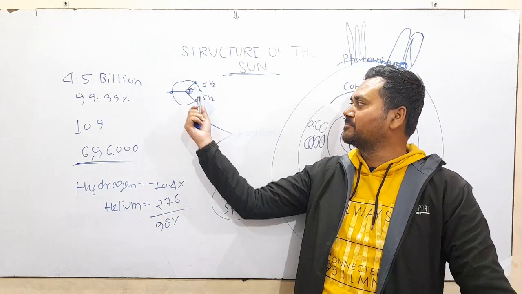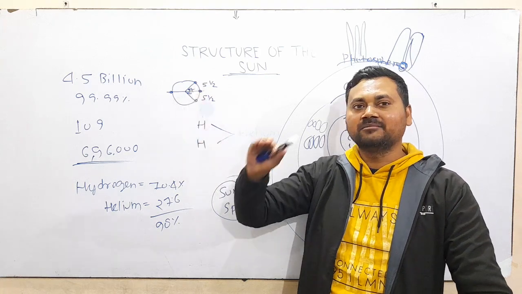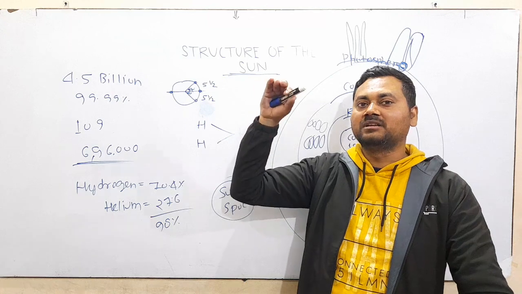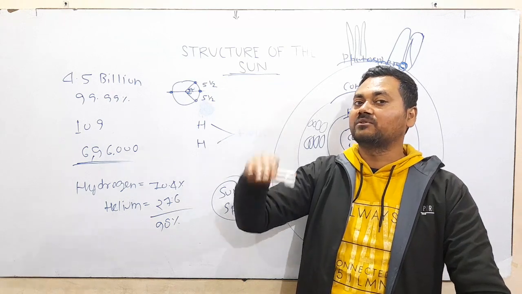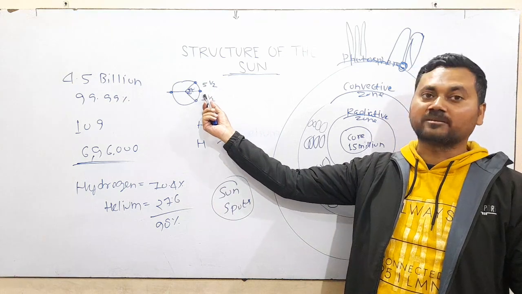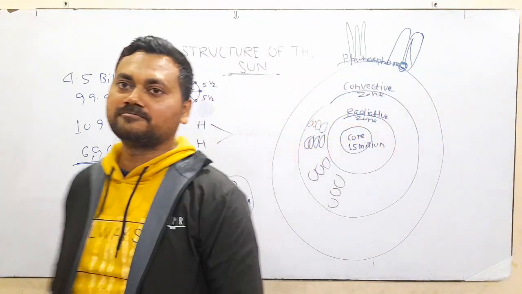When the solar minima, when the sun spot is there, the earth experiences comparatively lesser insolation as compared to the solar maxima, when we are experiencing the maximum.